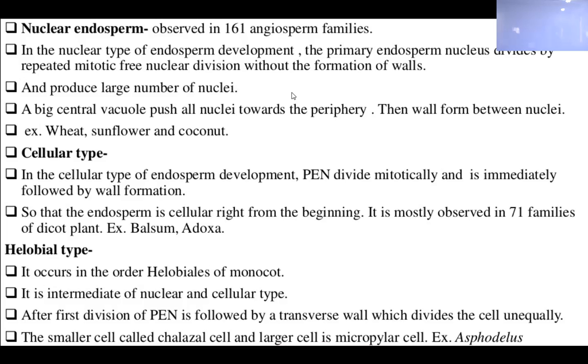The smaller cell is called chalazal cell and the larger cell is called micropylar cell. Example is also given, Asphodelus. थोड़ा सा याद करना पड़ेगा because the name itself gives you the meaning. Nuclear endosperm, cellular endosperm. Like this you can remember.